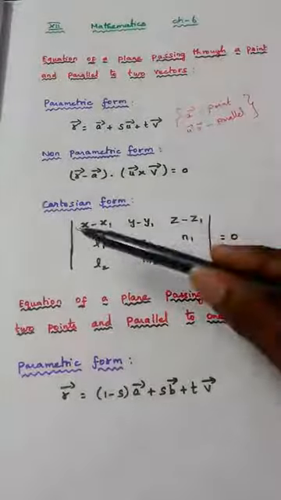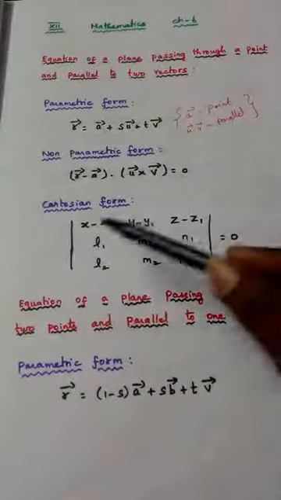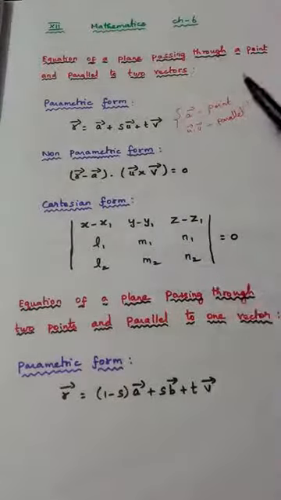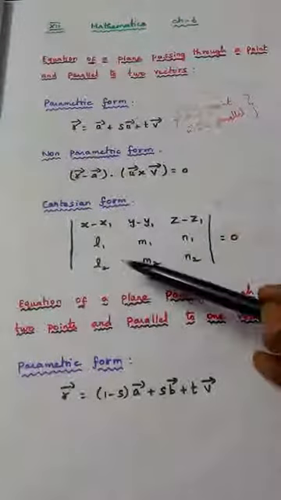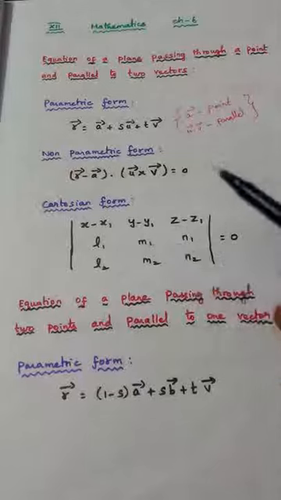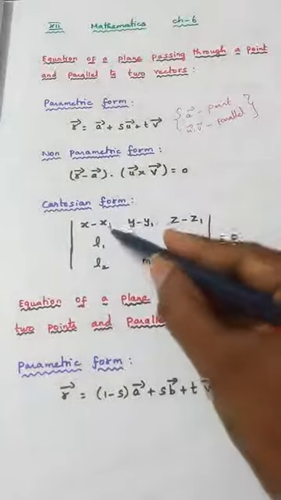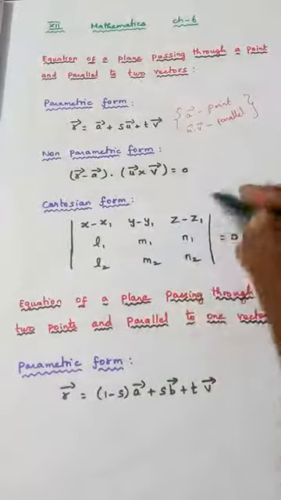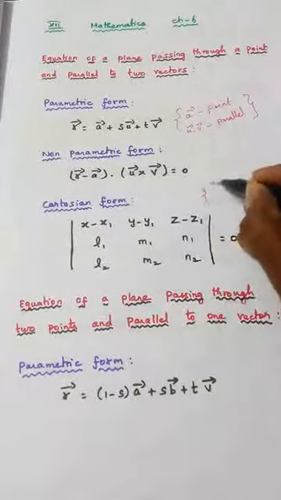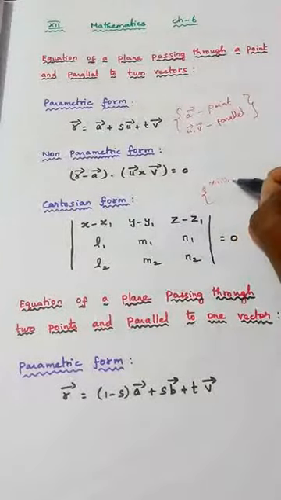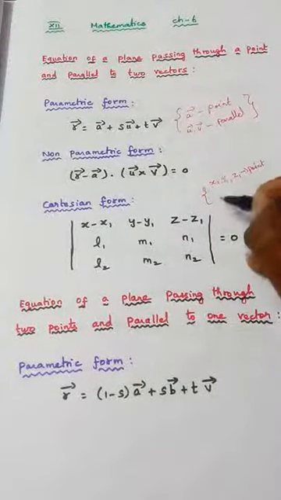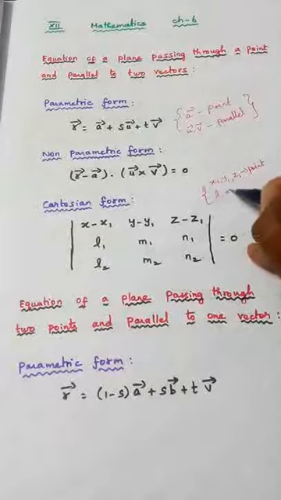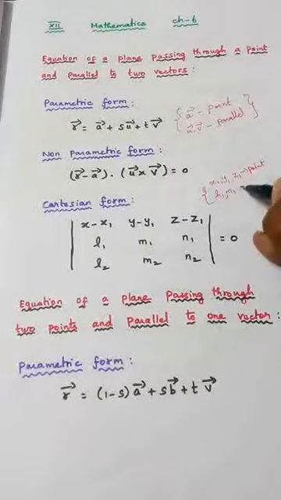This is the formula for finding the equation of a plane which passes through a point and is parallel to two vectors. If you again see this formula, x1, y1, z1 represents the point, and l1, m1, n1 represents the parallel vector.